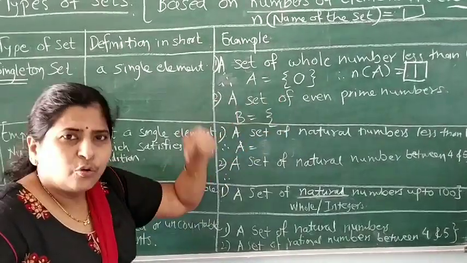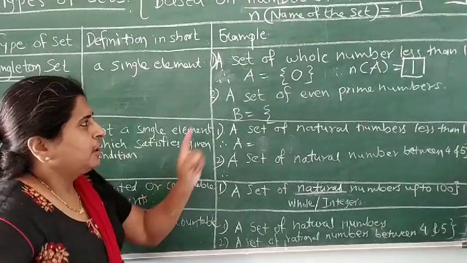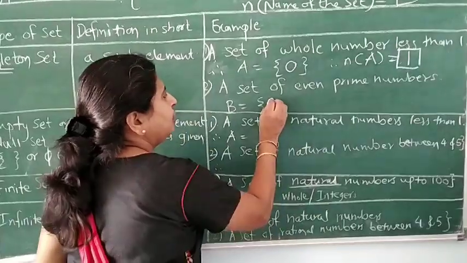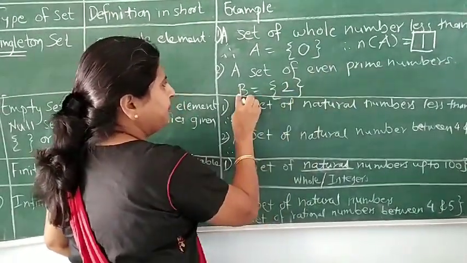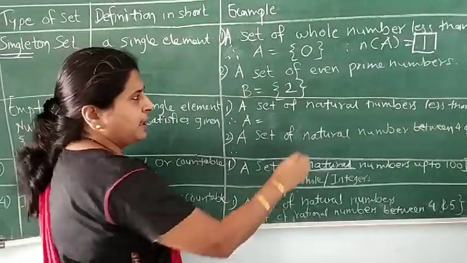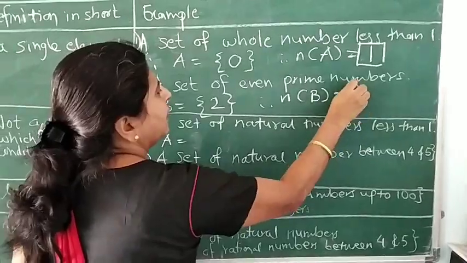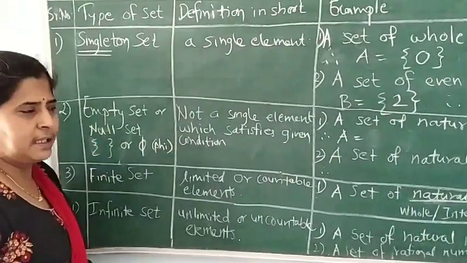Now out of these prime numbers, 2 is the only even prime number. So for the set of even prime numbers, though it says numbers, we have only 2, which is both even and prime. So this set contains only one element. Therefore, the number of elements in set B is 1, and as this is a single element, we call it a singleton set.